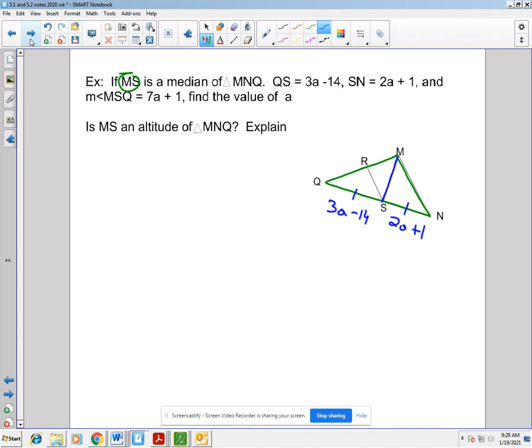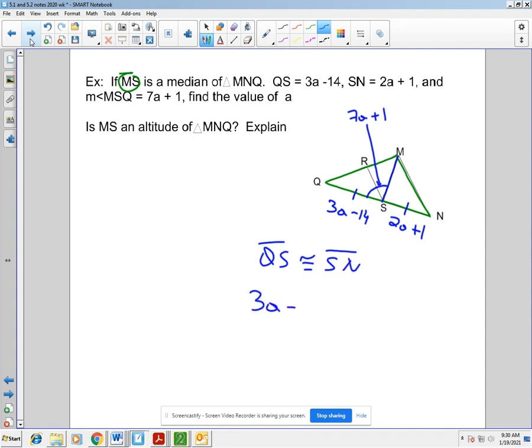And the measure of angle MSQ, which is this angle, I will put an arrow over there, is 7A plus 1. So the first question is, find the value of A. We just said that QS is congruent to SN.